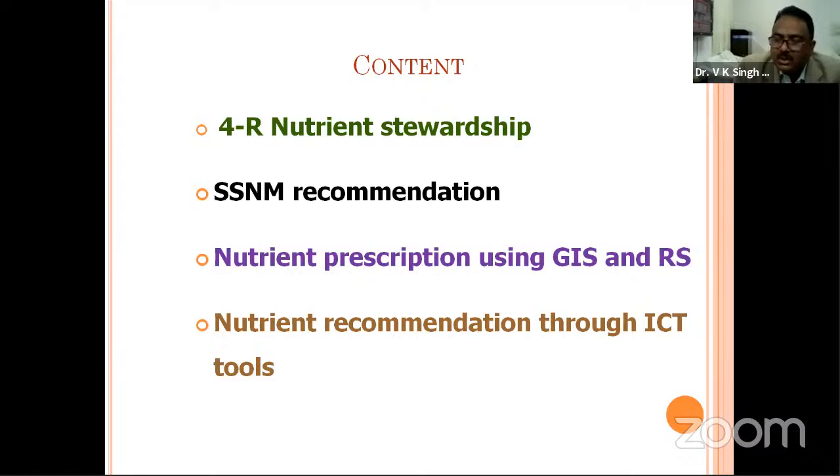If you talk about the whole Muzaffarnagar district or whole Western UP, what are the options we have by which we can go for nutrient prescription? I will be discussing those also. Then some of the ICT tools which are being developed, I will also discuss in this lecture.